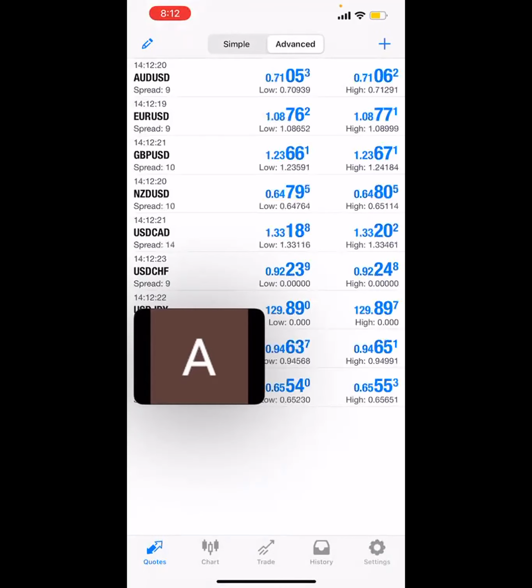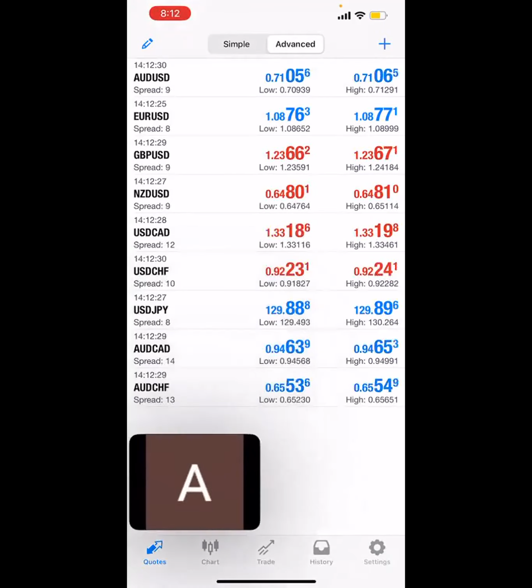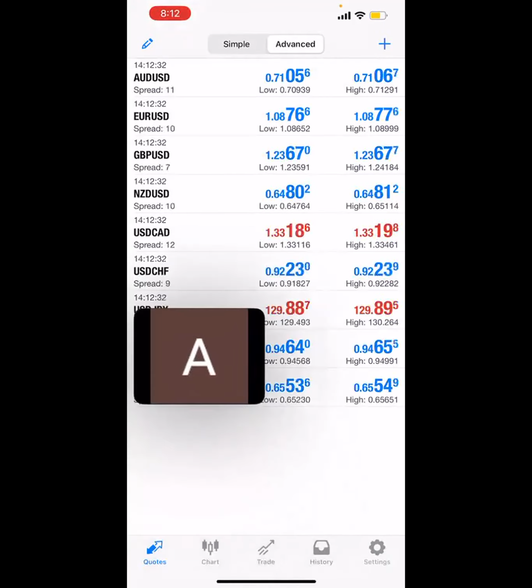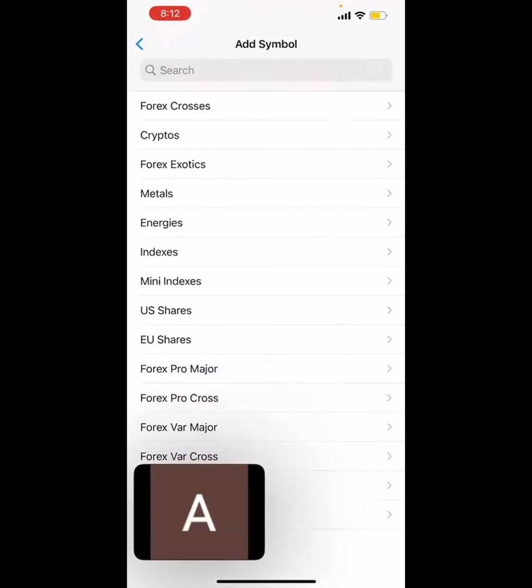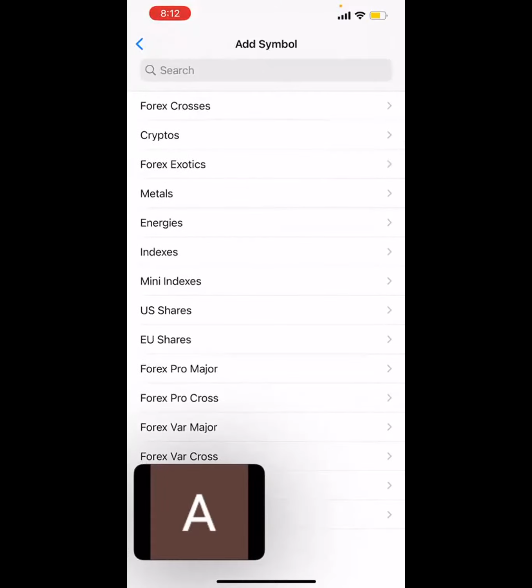Click on that plus icon at the top. The currencies are there. Good. So now the currency list, they are not much. Anytime you want to add to the list, you see that plus icon at the top. Click on the plus icon. Let's add some. You can see where they wrote Forex. Come to Forex Major.